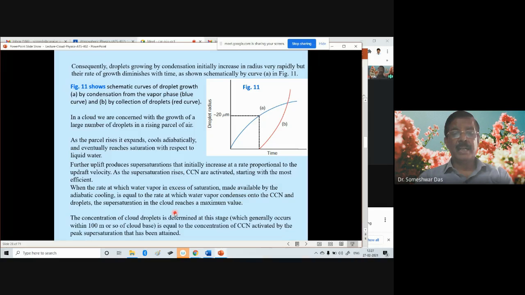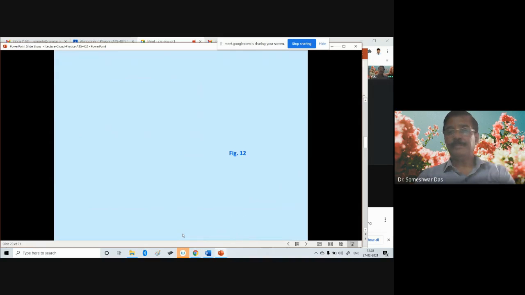The concentration of cloud droplets is determined at this stage, which generally occurs within 100 meters or so of the cloud base, and is equal to the concentration of cloud condensation nuclei activated by the peak supersaturation that has been attained. Okay.